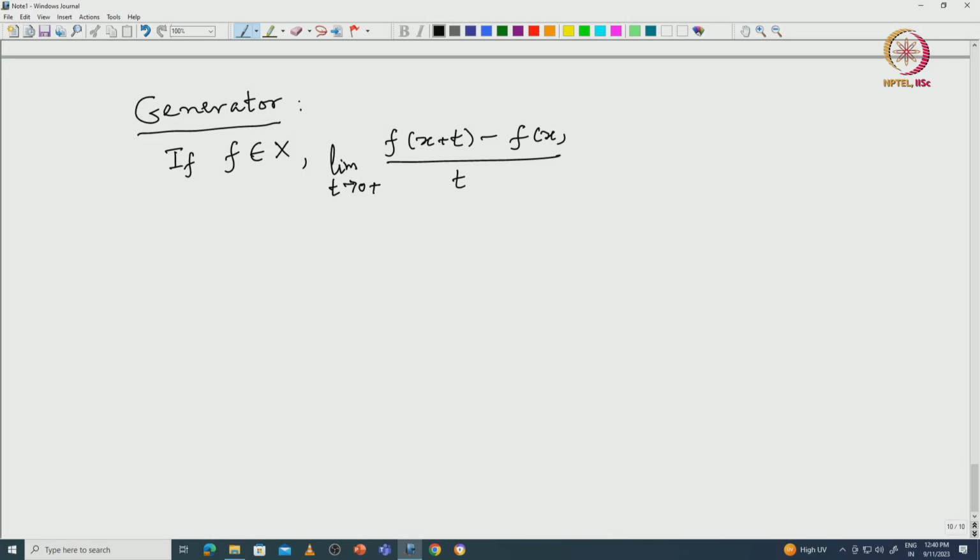Okay. But this should converge in the respective norm of this X, either in the sup norm or in the LP norm.